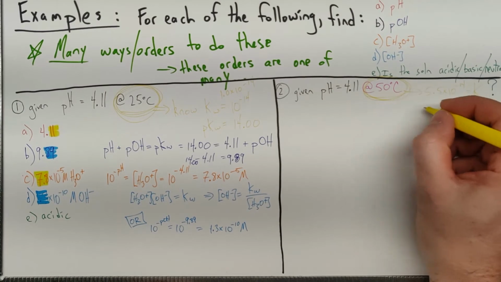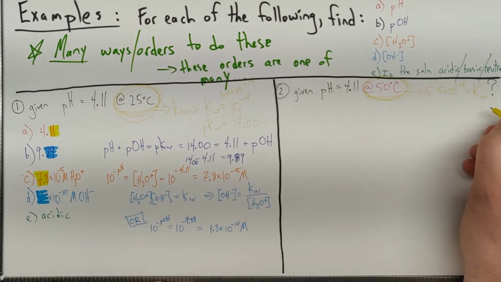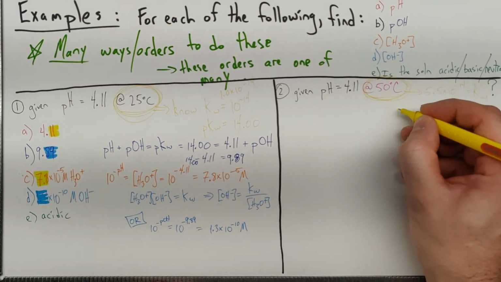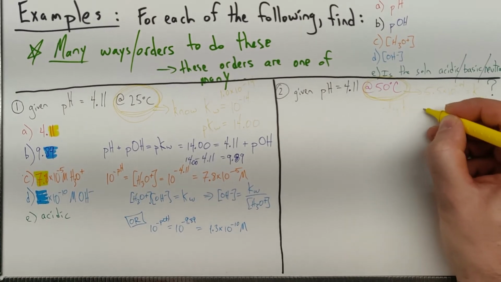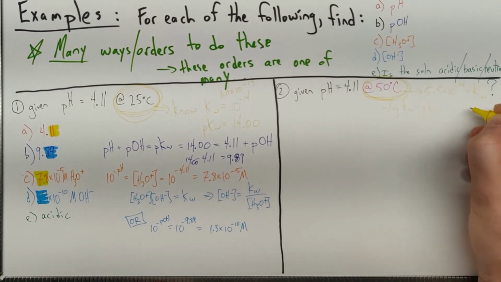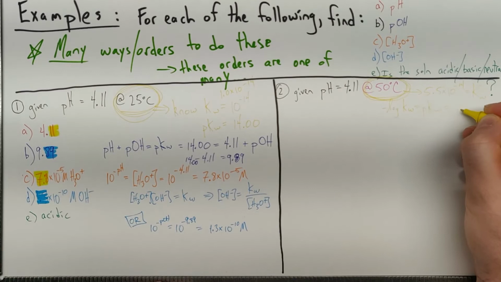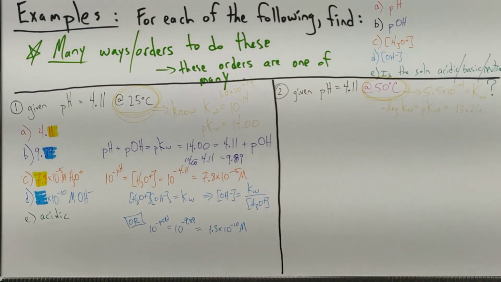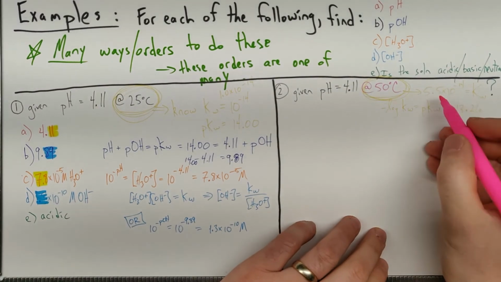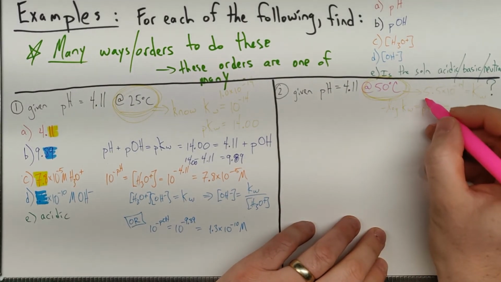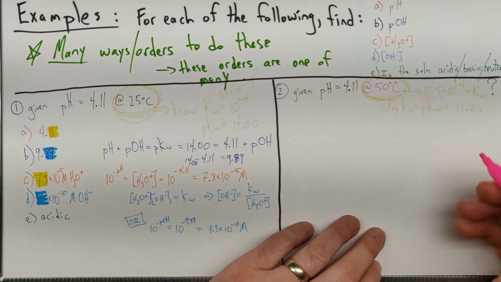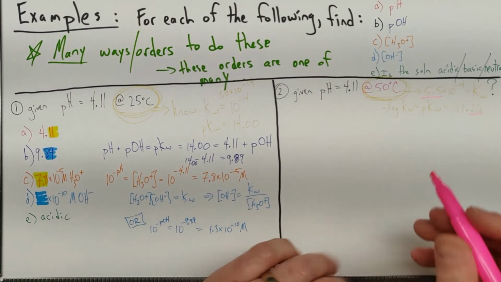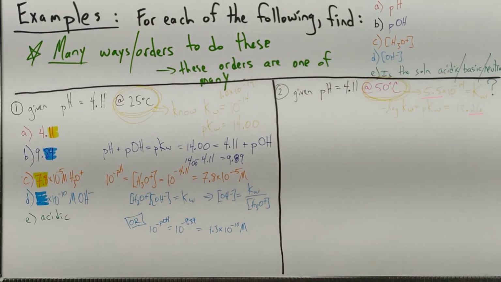And correspondingly, you know that negative log of Kw should get you pKw, which in this case is 13.26. A quick note while we're staring at this, you'll notice that I had 2 sig figs in my expanded number, and I had 2 decimal places in that pKw, the power number.